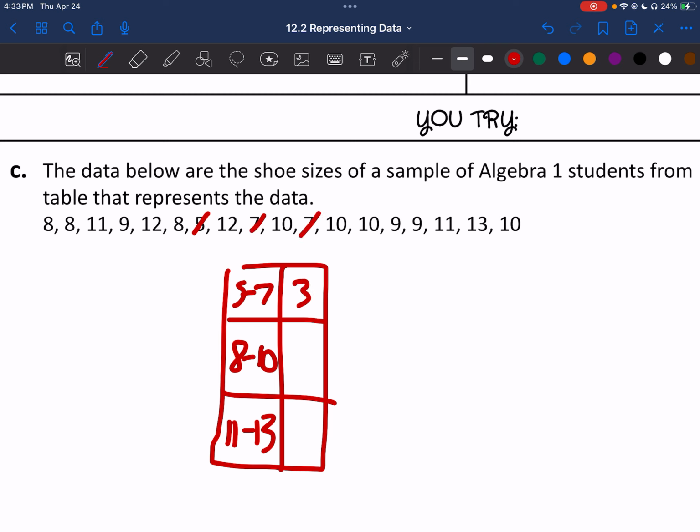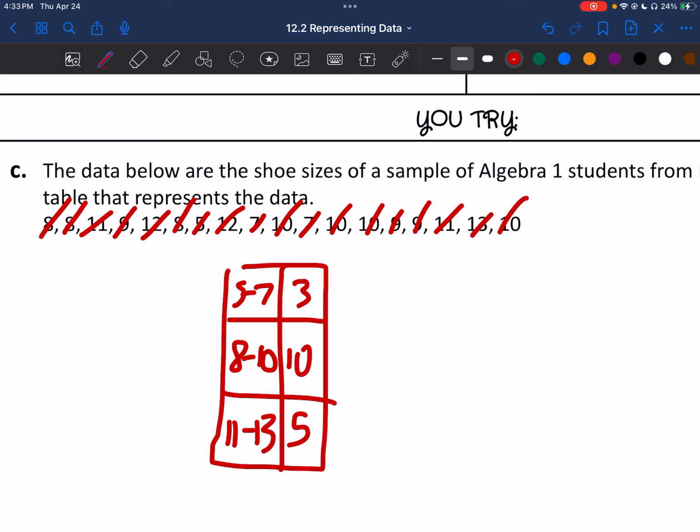Your average range, 8 through 10. 1, 2, 3, 4, 5, 6, 7, 8, 9, 10 people fall within the 8 to 10 sized range. And then from 11 to 13, 1, 2, 3, 4, 5.